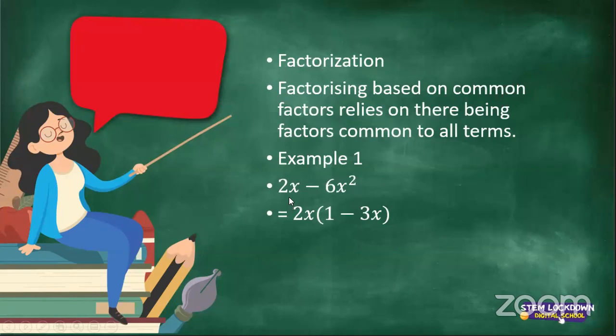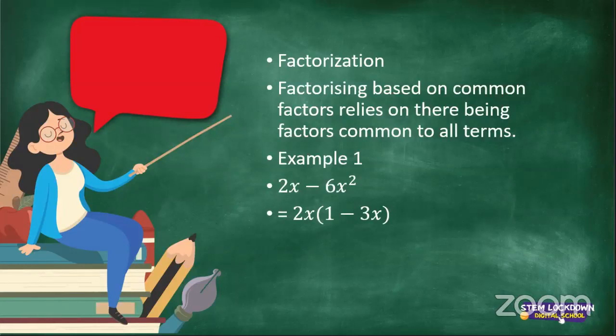Therefore, to factorize this expression 2x minus 6x squared, all that you need to do is to take out 2x, and then you'll be left with 1 minus 3x. And to test whether your answer is correct, as I've said, you need to now multiply out the bracket there. 2x multiplied by 1 will give you 2x.